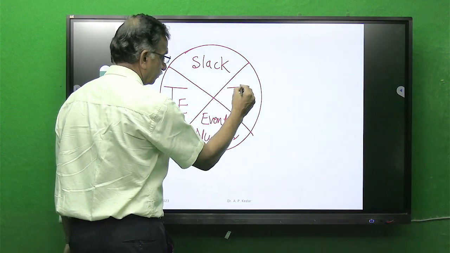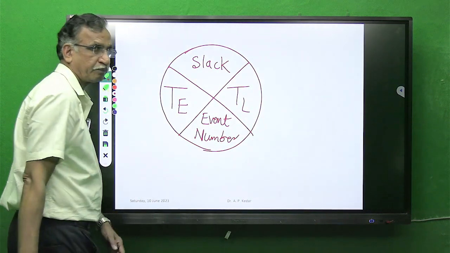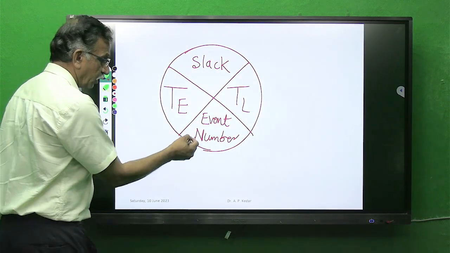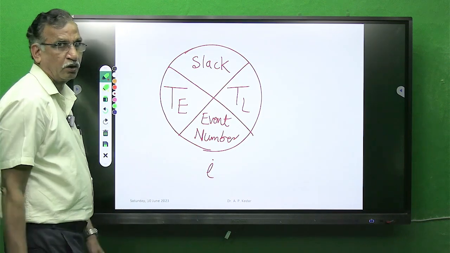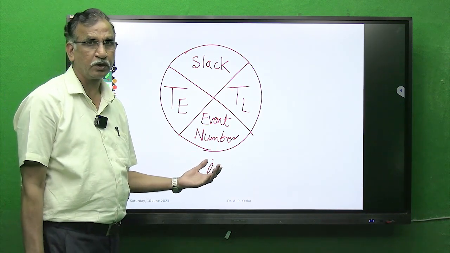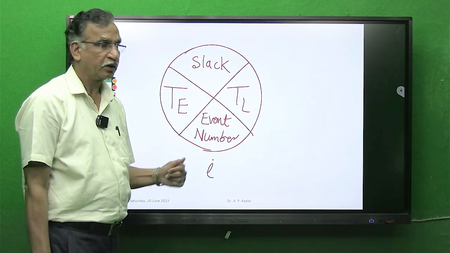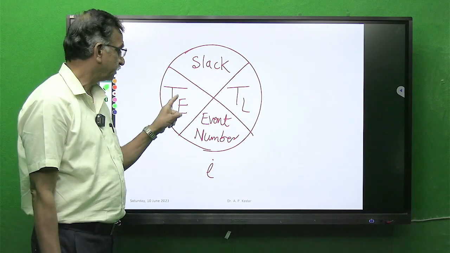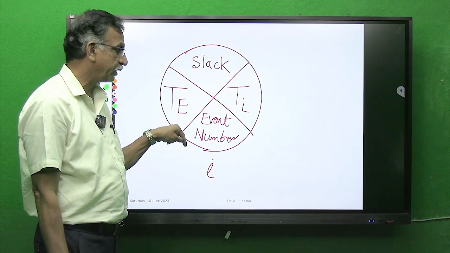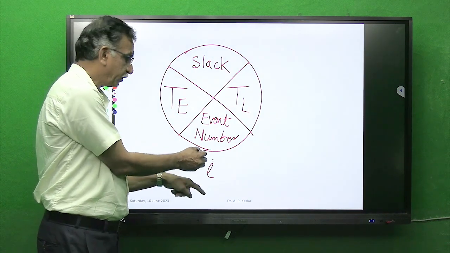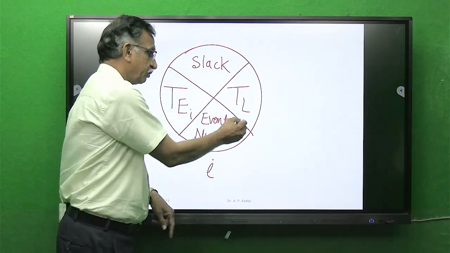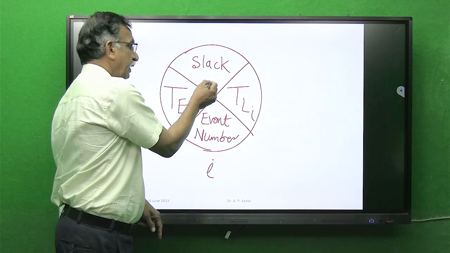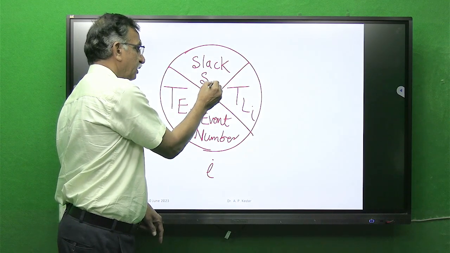In this corner we will be writing TL. Now the event may be your ith event or your jth event. If it is the ith event, this will be TEI, this will be TLI, and slack SI.